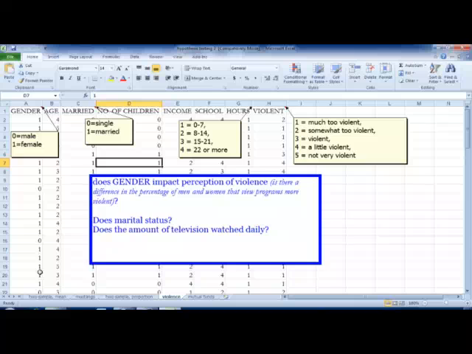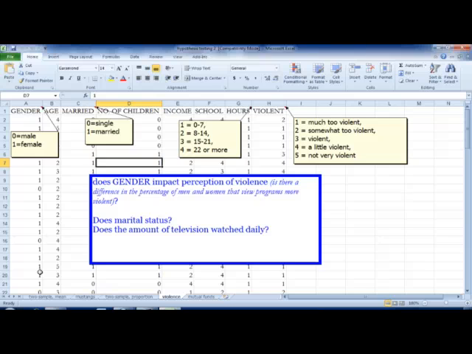So there was a survey that was delivered to viewers of a particular TV station, and one of the motivations for delivering this survey was they had been getting phone calls about some of their programming being too violent.